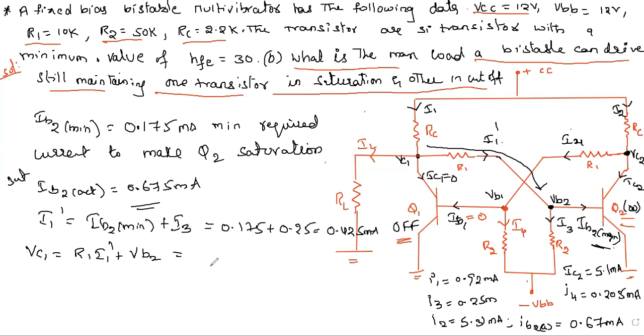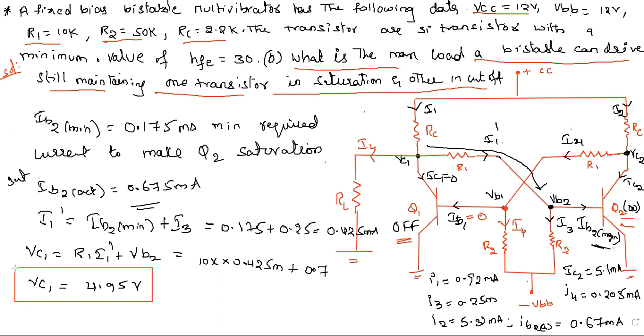R1 is 10K, so 10K times 0.425 milliamps is 4.25 volts, plus VB2 of 0.7, so VC1 is approximately 4.95 volts. Previously VC1 was 9.97. Because I am now making the second transistor sit at the edge of saturation, the modified VC1 is 4.95.